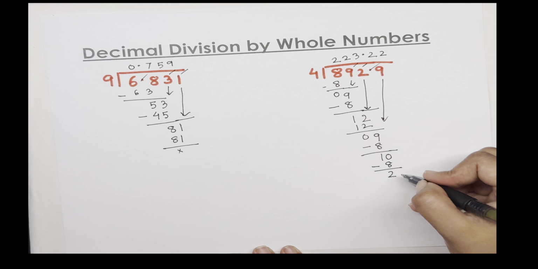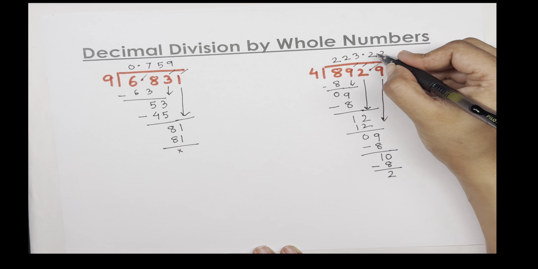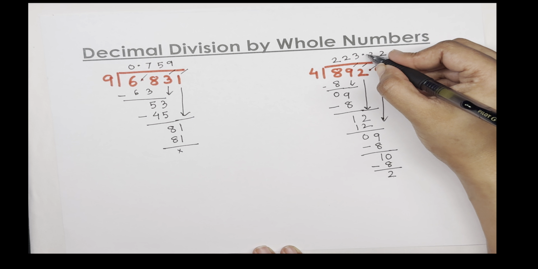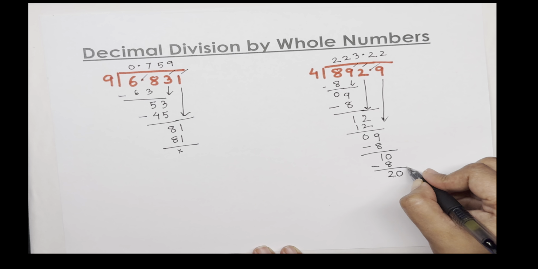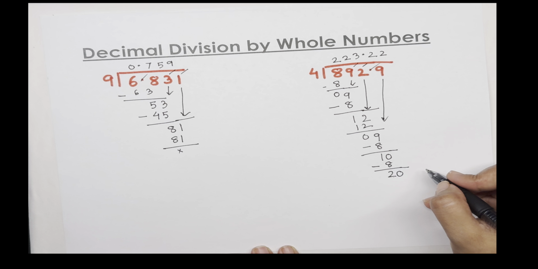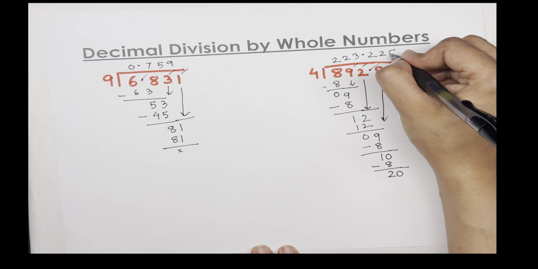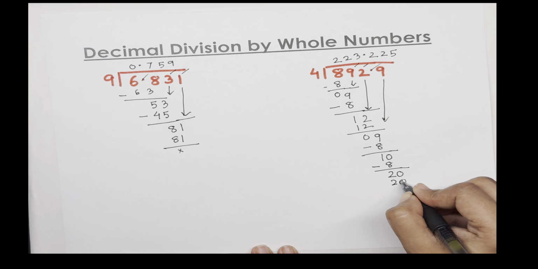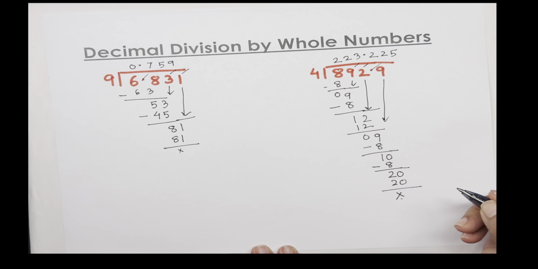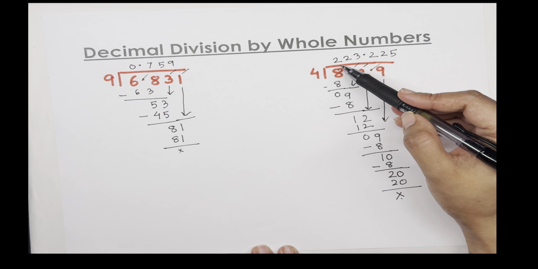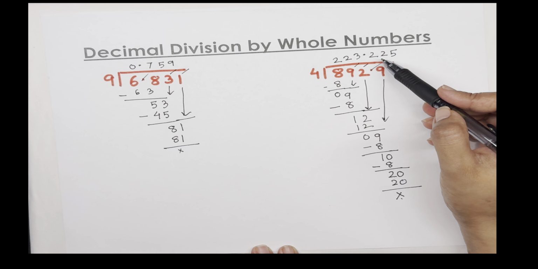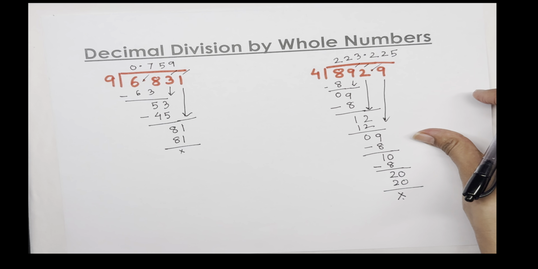So here 2 is the remainder. Because there is a decimal in the quotient, we can always borrow a 0 here. Now we are thinking about 4's table and trying to go close to 20. 4 times 5 is 20. So the answer is 223.225. Let's do another example.